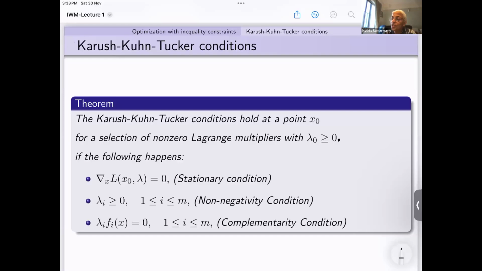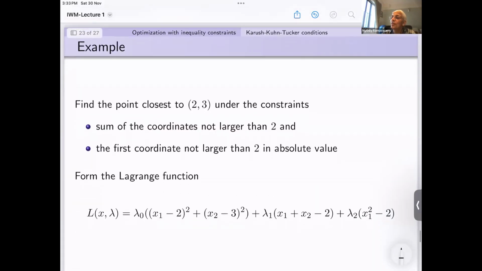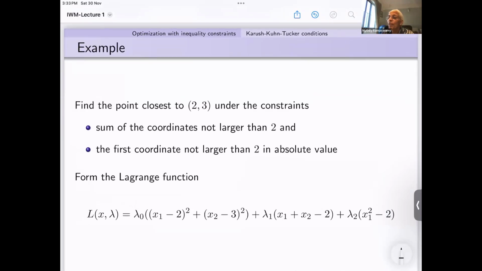So how do we use it to solve a problem? Let us take a very simple baby example. We want to find the point closest to (2, 3) under the constraints on the coordinates. The problem is posed in R2. I have to find x1, x2 which is nearest to (2, 3).